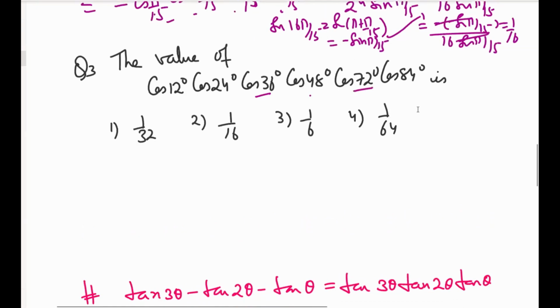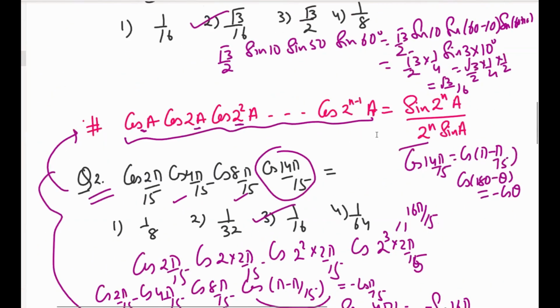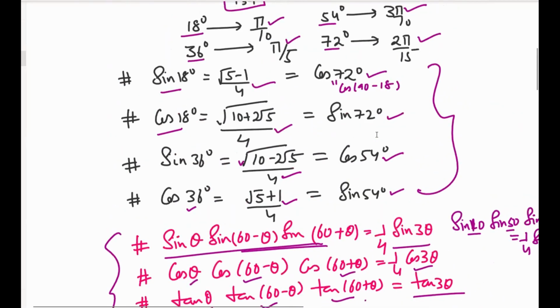I have written here cos 36, and this is cos of 72. Now we have to put these values.